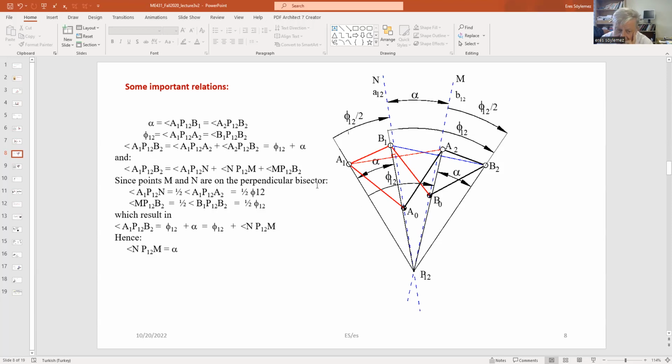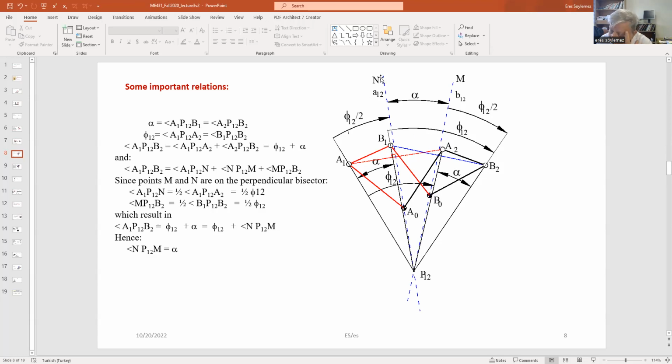That's what I have proved. Now, consider A1, P12, B2. This total angle is equal to A1, P12, N, where N is on the perpendicular bisector of A12, plus N, P12, M, the angle in between the perpendicular bisectors, M being on the perpendicular bisector of B12, plus M, P12, B2.